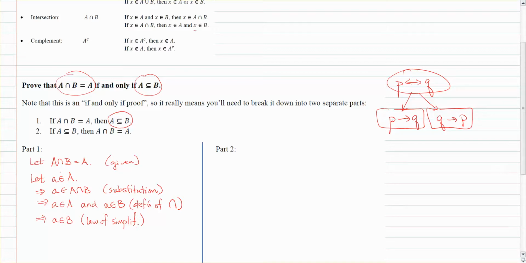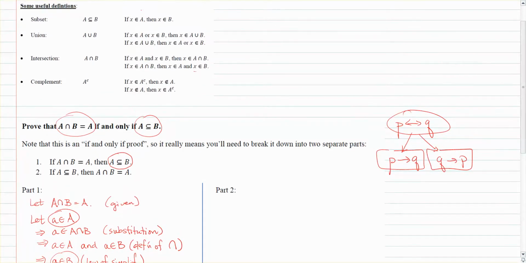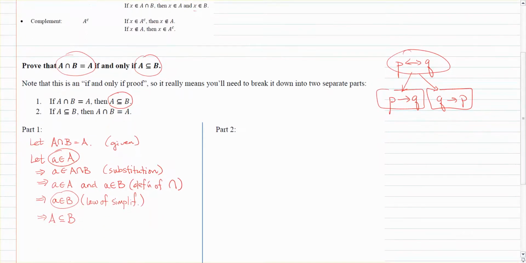Okay, well I started then with if a is in A, then a is in B. Well, that means that A is a subset of B because of this rule. If something's in A and something's in B, that means you have a subset. Okay? So, definition of subset.